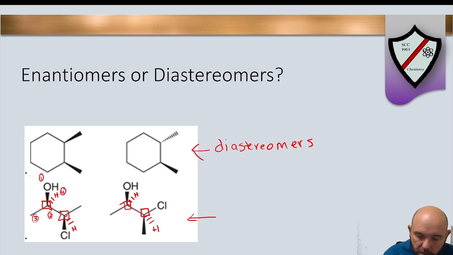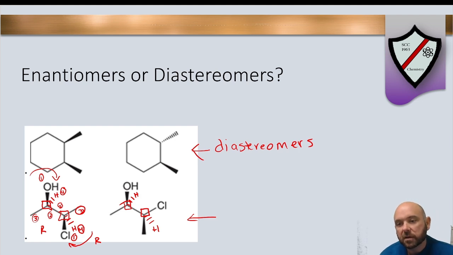So it looks like 1, 2, 3, this is R. And in the second carbon, this is 1, this is 2, this is 3. 4 is already on the dash, so we can just compare. This looks like R as well. It is clockwise. 1, 2, and 3 is clockwise, so both of those are R.